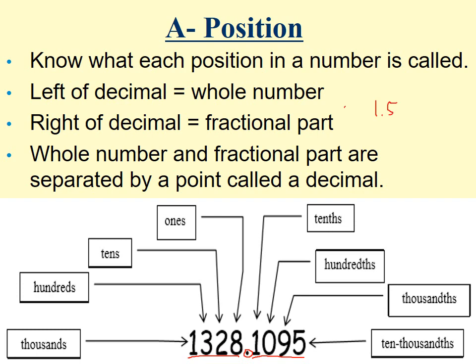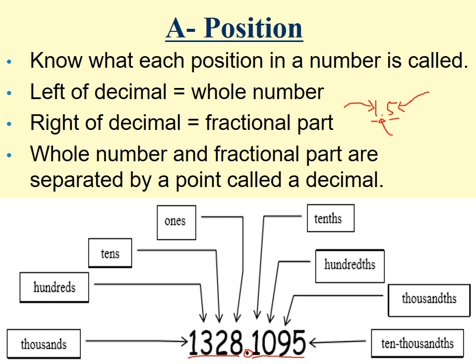This is one whole number, and this is a fractional number. It's half of a whole. So you have the whole number part and the fractional part, and they are separated by a period, which is the decimal.